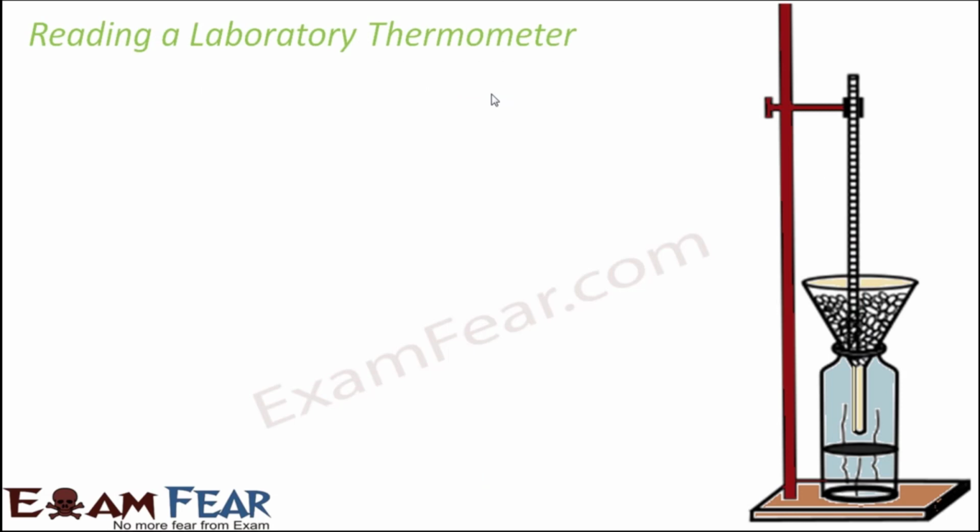Now, how do we read a laboratory thermometer? The basic concept of reading any thermometer remains the same. You just need to find out how much one small line represents in terms of degrees, and that's how you can read the thermometer. But the way temperature is measured using a laboratory thermometer is a little different from the clinical thermometer. So let's see how.